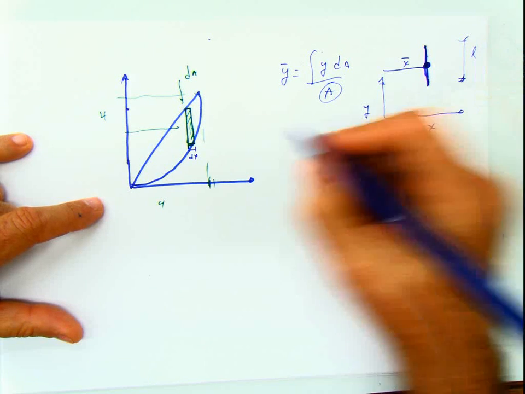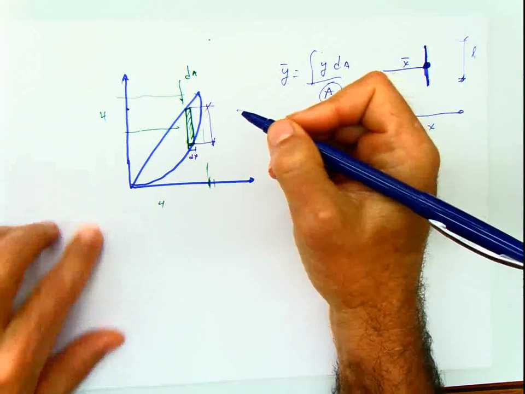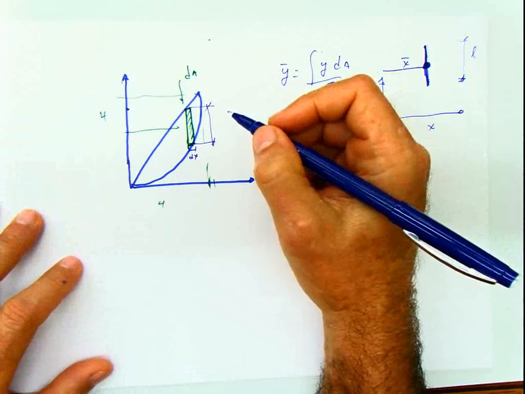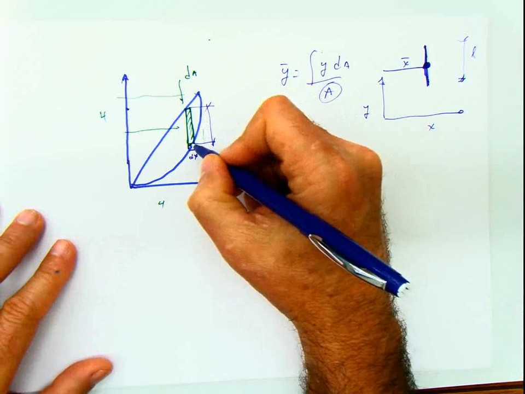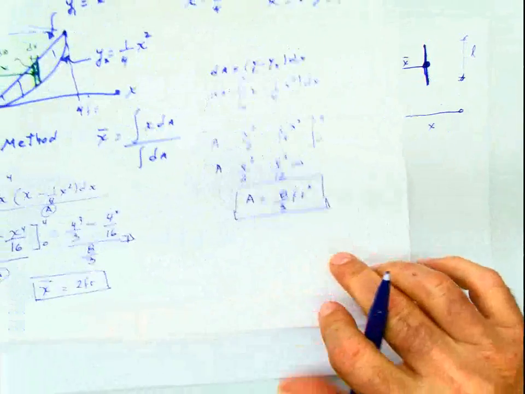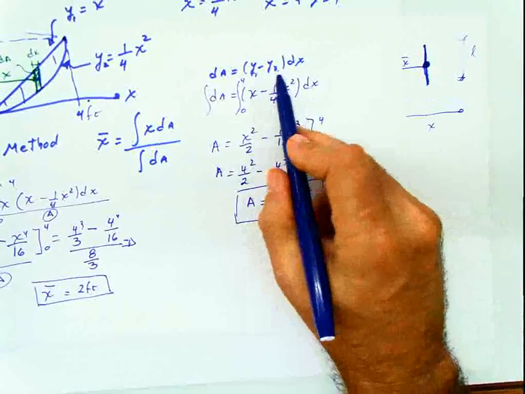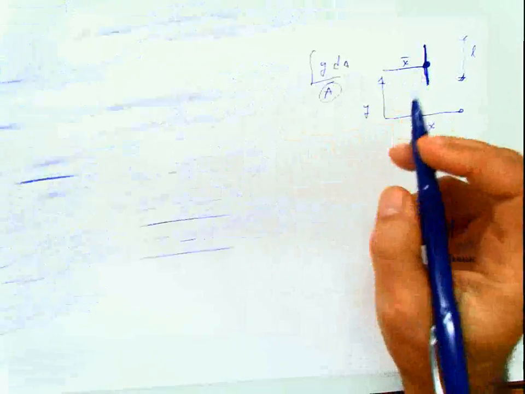What happened in our case is that this distance was before called y this minus y that, and we call that distance y1 minus y2, meaning x minus 1/4 of x squared dx.